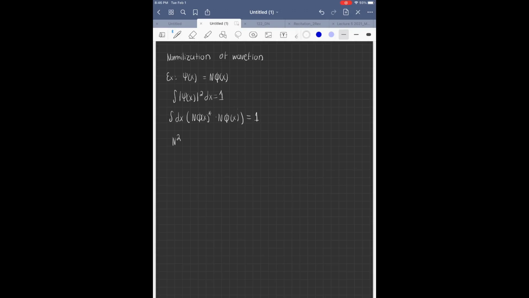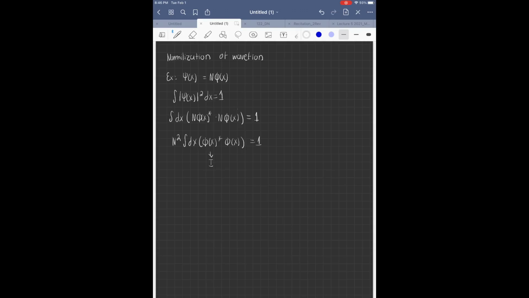So this is this and dx over... Let's just say we know the value of this integral, and we call this the value of the integral I, and it equals 1.